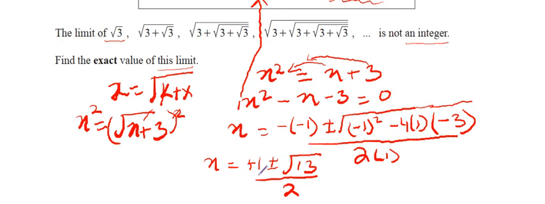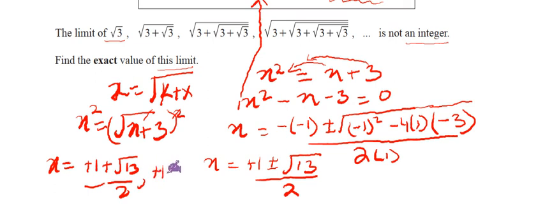Now we have got two solutions. One is x equal to 1 plus square root of 13, divided by 2. And the other solution is 1 minus square root of 13, divided by 2.